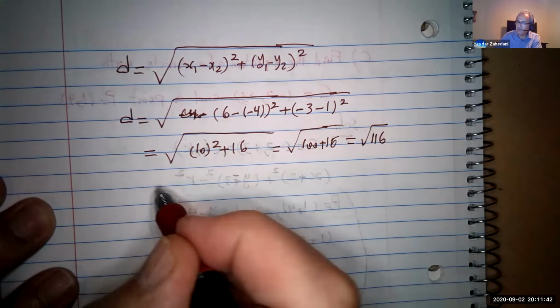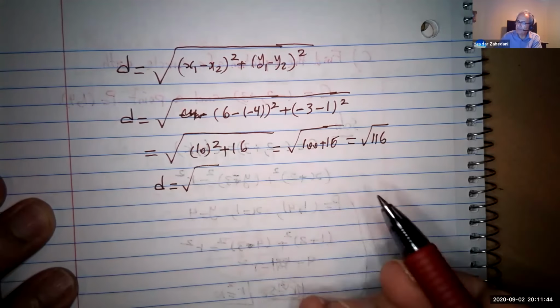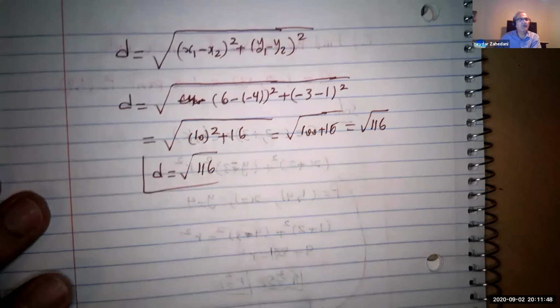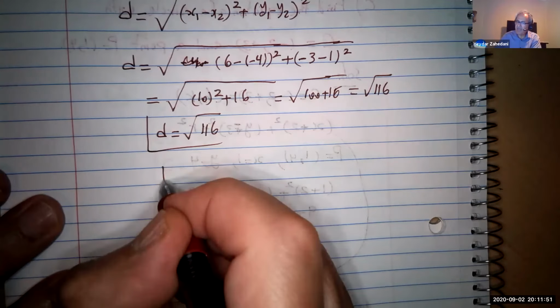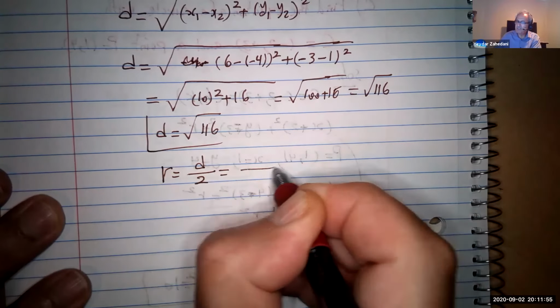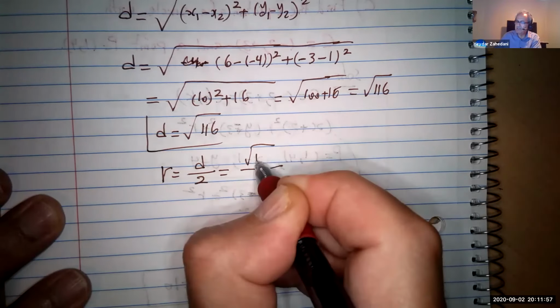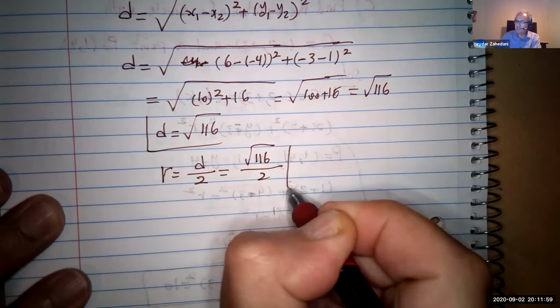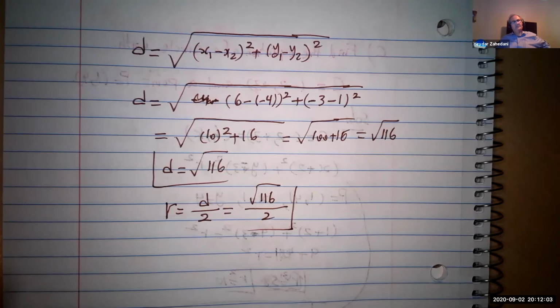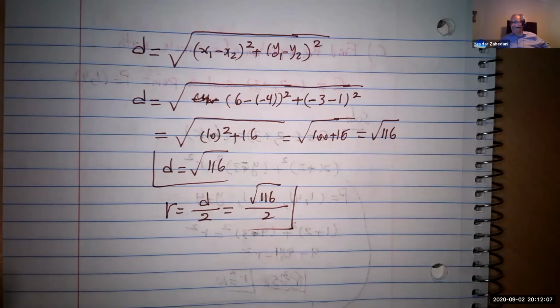So that's the diameter. You don't have to simplify it because we square it in a minute. Okay, so the radius is half of the diameter. So this is going to be the radius. Any question? So we use the distance formula to get the diameter. We use the midpoint formula to get the center. Now we are ready. What was the center?